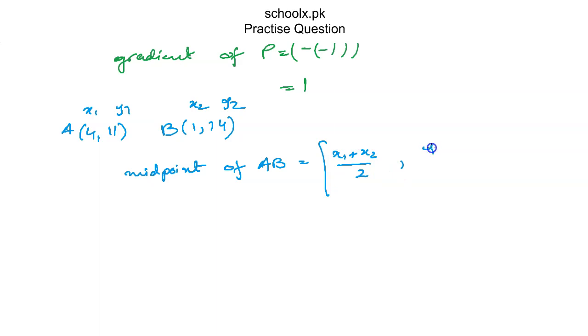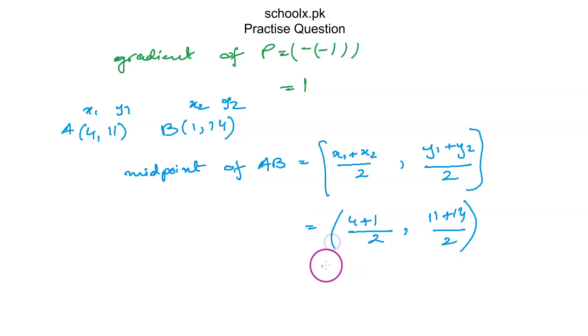This is the general formula for finding the midpoint between 2 points. So this gives us 4 plus 1 over 2 and 11 plus 14 over 2. This is 5 by 2, which is 2.5, and 25 by 2, which is 12.5.